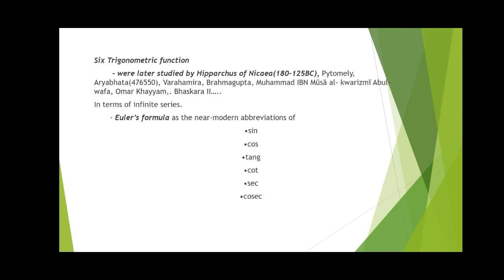They studied the six trigonometric functions in terms of infinite series. Euler's formula gave the near-modern abbreviations: sin is sine, cos is cosine, tan is tangent, cot is cotangent, sec is secant, and cosec is cosecant.